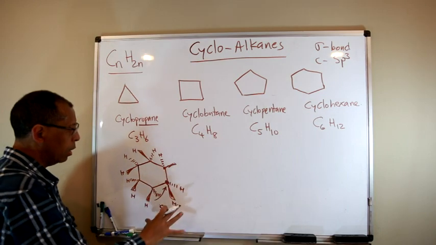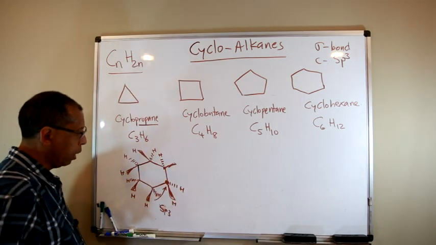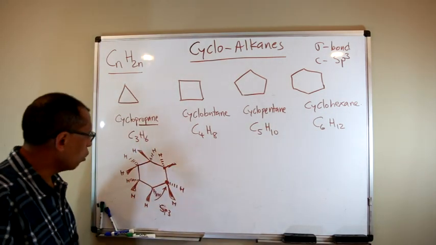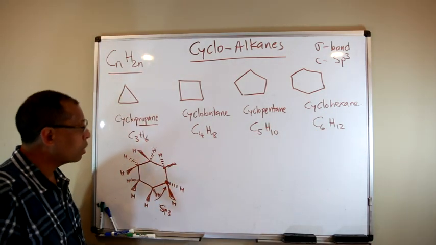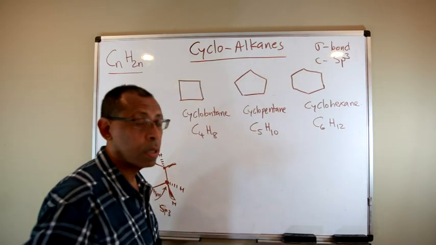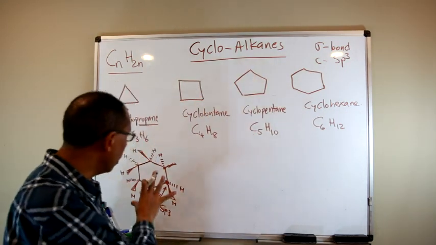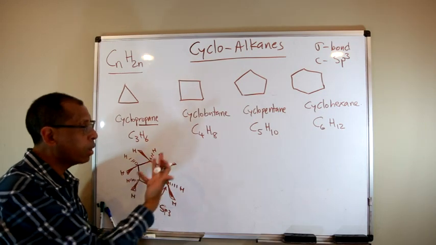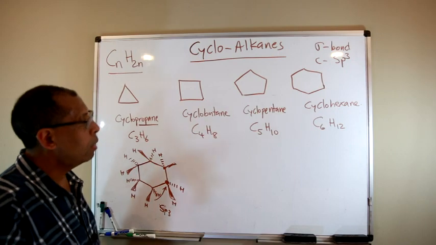There are 12 hydrogens on this because it is C6H12. So be familiar with where the hydrogens are, because mostly we don't give you the hydrogens on this kind of structure. But remember how they actually look, how the hydrogens are displayed on this.